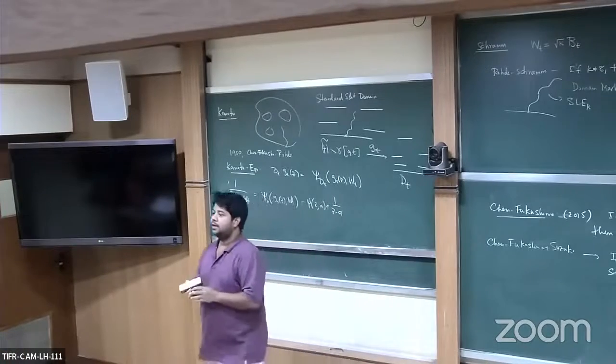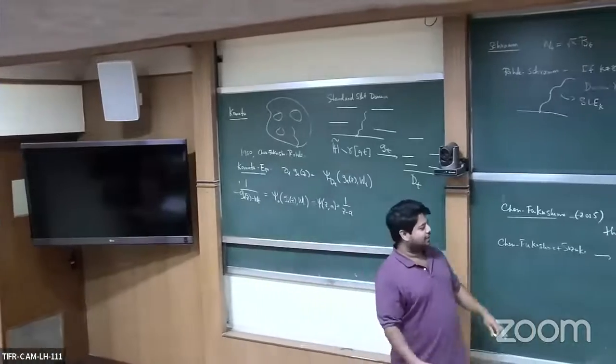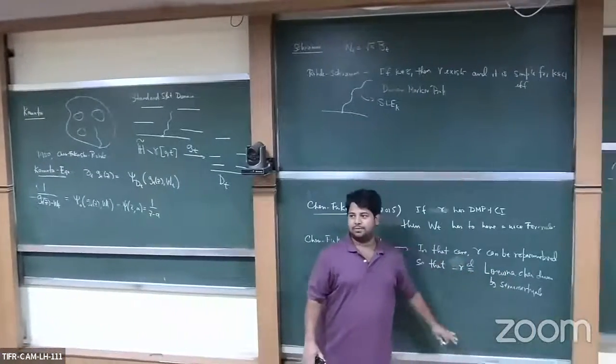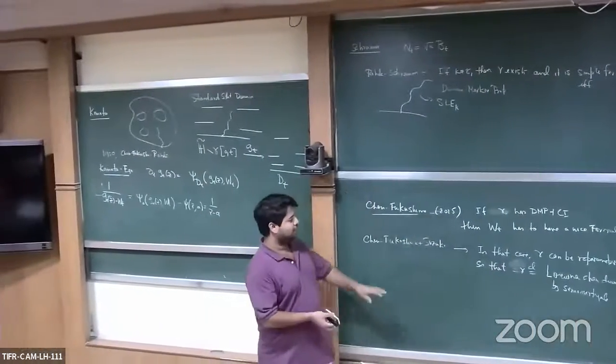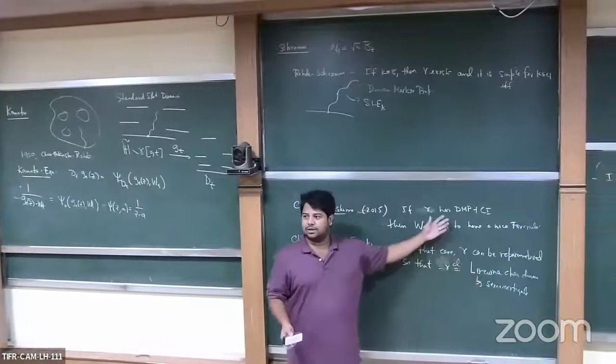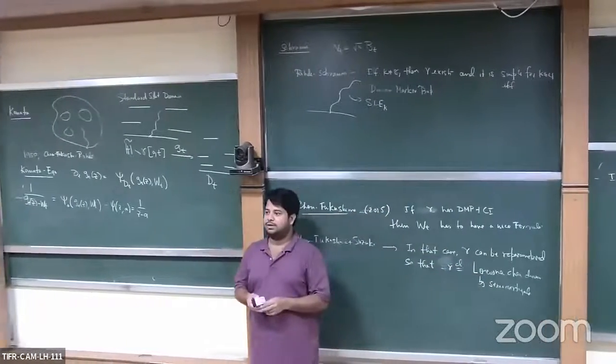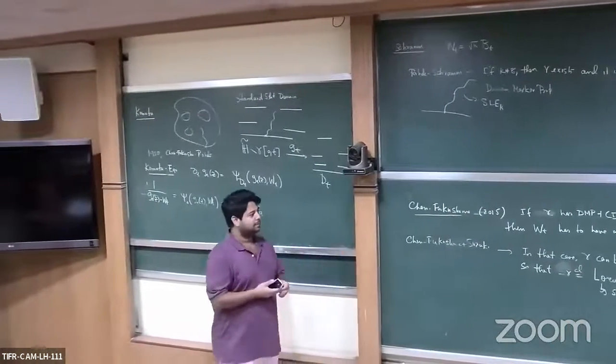Okay, this Loewner chain is without any slit. Without any slit, yeah, in the upper half plane, of course. The slit thing after reparameterization is the same as the original thing, but with a different driving function.